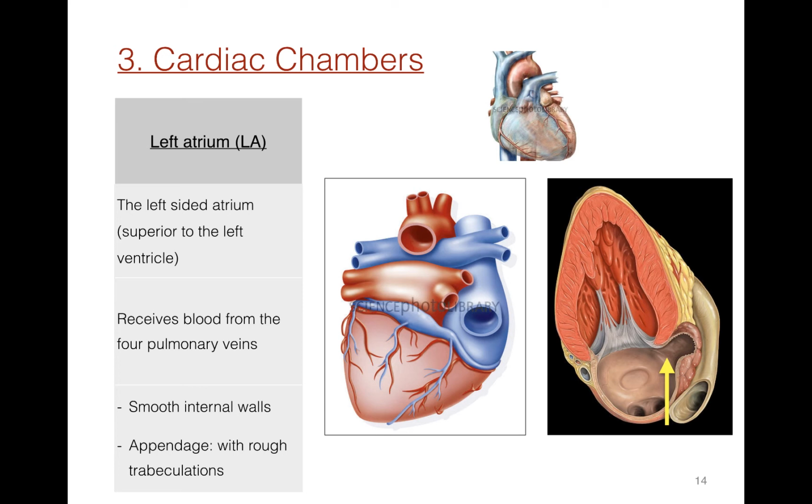While the left atrial appendage can be seen with transthoracic echocardiography, most often and almost always, if this is suspected, that is, in the case of atrial fibrillation, if a clot is suspected, a transesophageal echocardiogram is indicated.